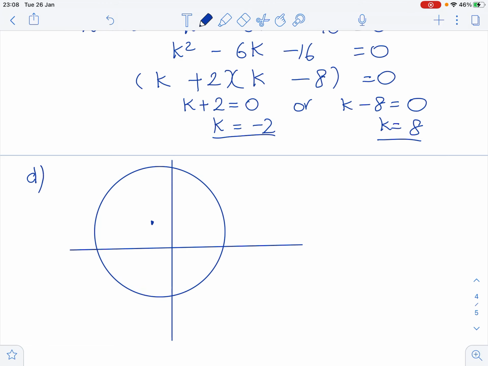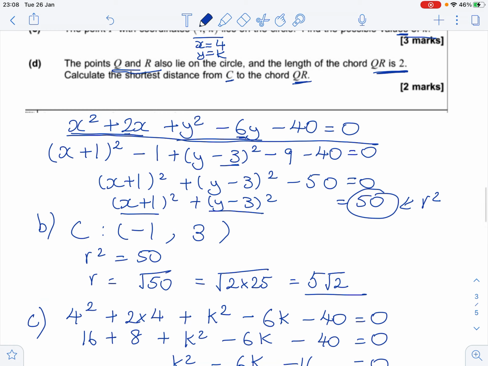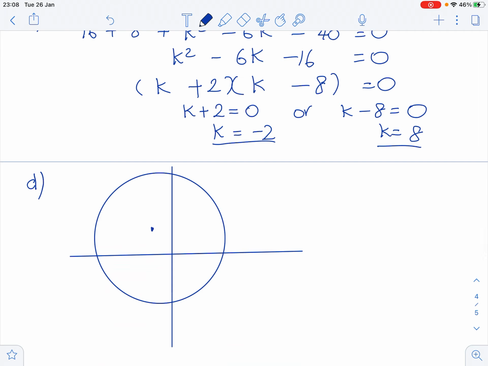Then we are told that Q and R lie on the circle and form a chord. So let's call this Q and this R. So this is our chord QR. And we know the total length of it is 2.